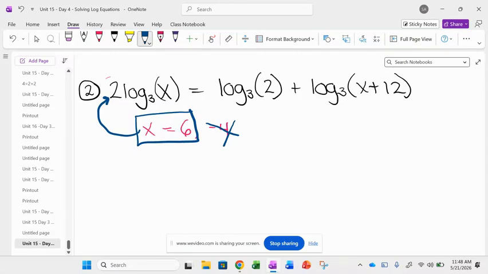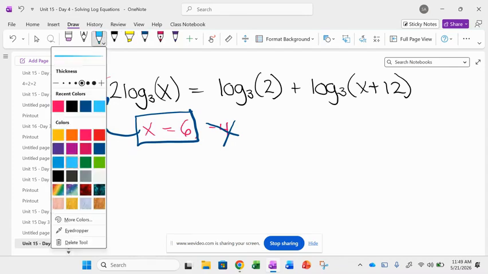All right, next one. So now we're going to talk about case B, where it's log equals number.